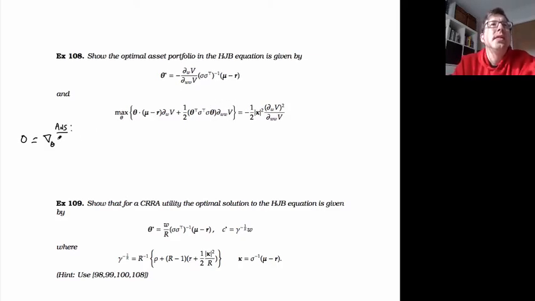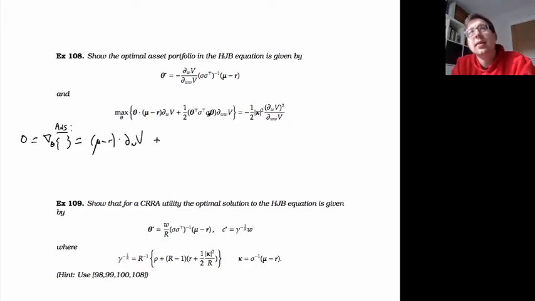So if I take the partial derivatives of the term in curly brackets here with respect to theta, I'm going to get a vector mu minus r times the partial derivative of v. Then applying the product rule for differentiation to either side of this, I'm going to get two lots of sigma transpose sigma theta.